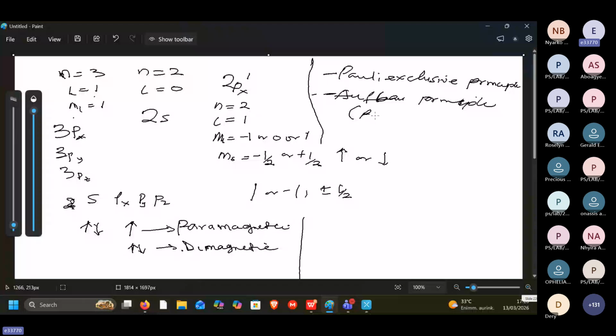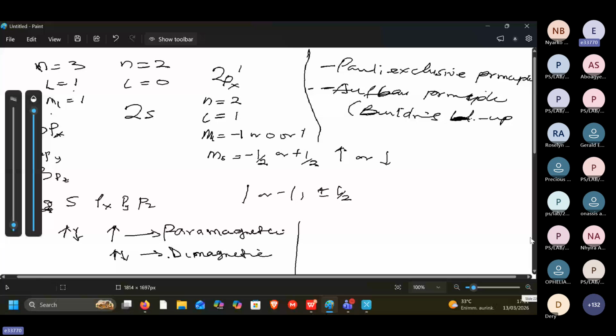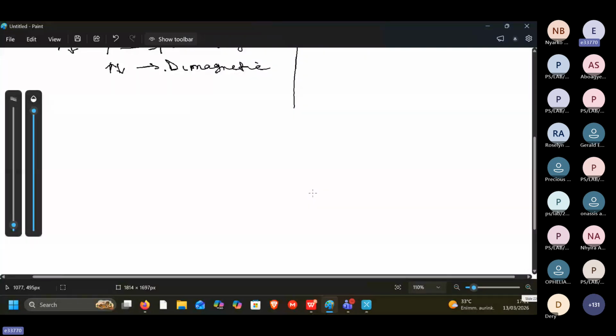Now, let's see if we can build that. If I have energy level 1, the allowed orbital there will be l = 0, which is s. If I go to energy level 2, I'm going to have 0 and then 1, that is 2s and then 2p.